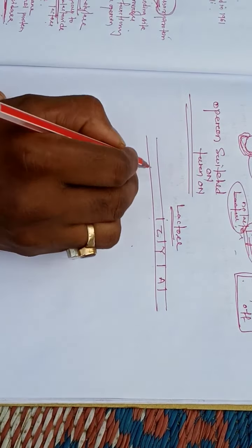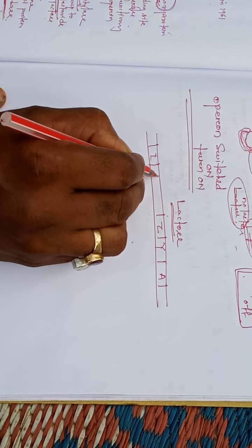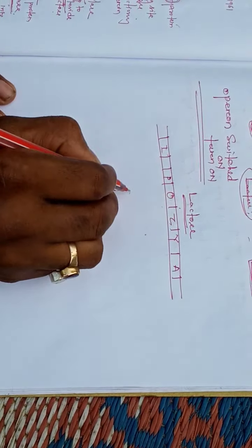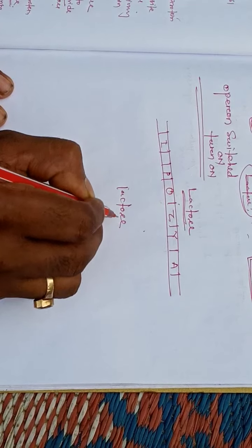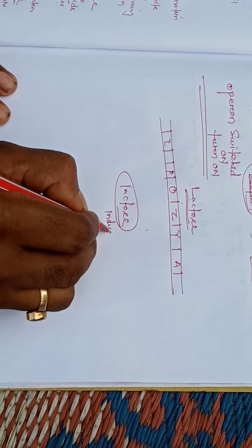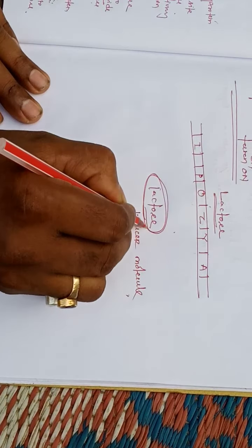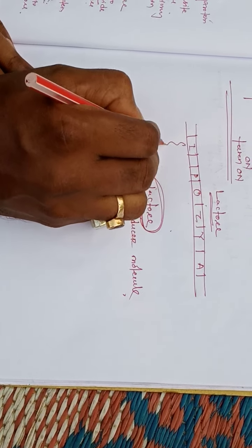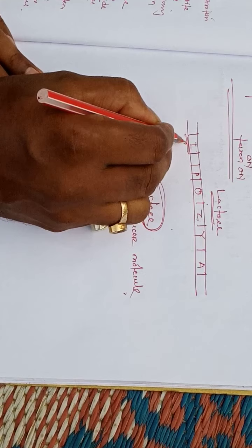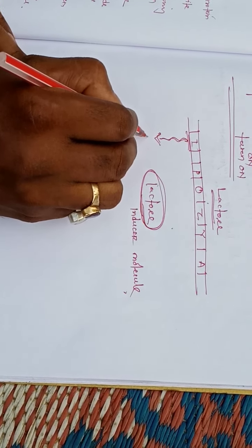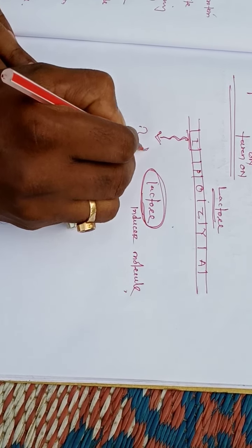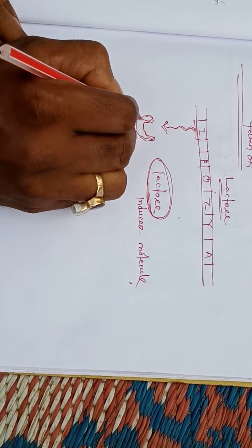So in the presence of lactose, lactose here is called the inducer molecule. When there is lactose in the cell, the inhibitor gene, which is continuously expressed, produces the repressor protein.